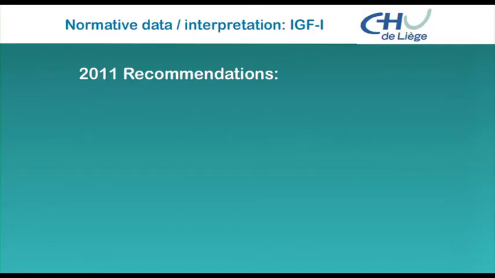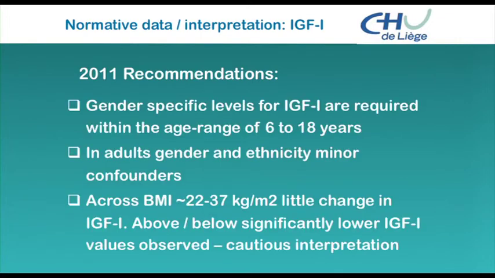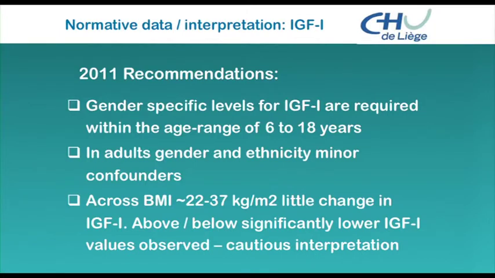So the recommendation is gender-specific levels for IGF-1 from 6 to 18. There are also ethnicity as minor confounders, and of course you have to be cautious when interpreting those results in obese patients because you can have an underestimation.